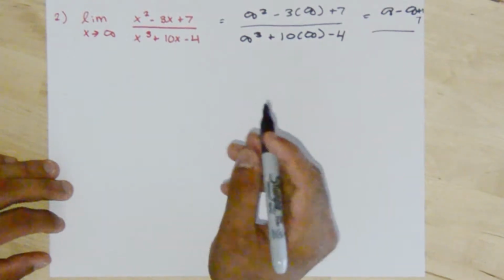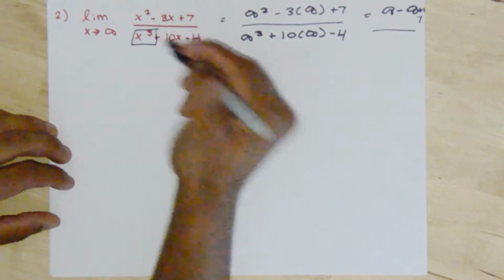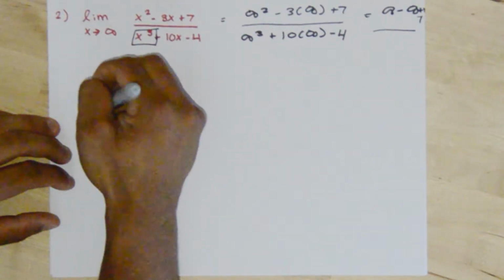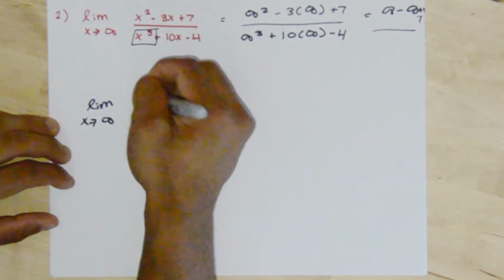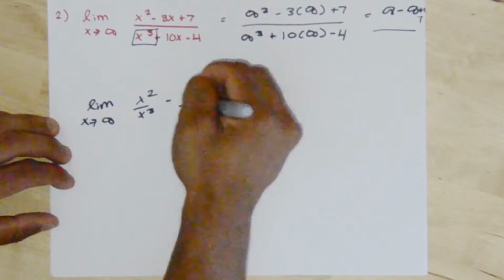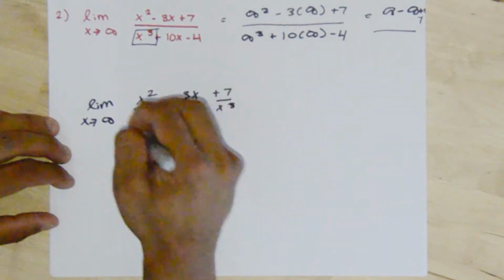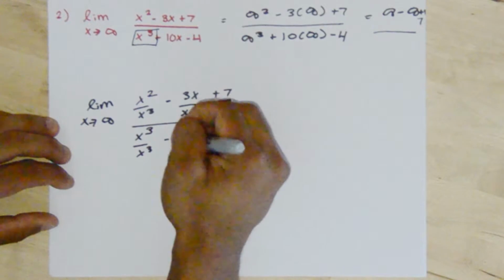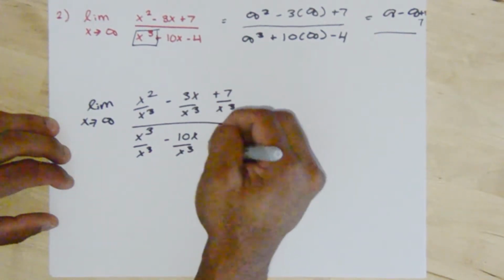So, since it's a fraction, we do the exact same thing. The highest powered variable is x cubed, so dividing each of the terms in the function by x cubed gives us this. Limit as x approaches infinity of x squared over x cubed minus 3x over x cubed plus 7 over x cubed all over x cubed over x cubed minus 10x over x cubed minus 4 over x cubed.